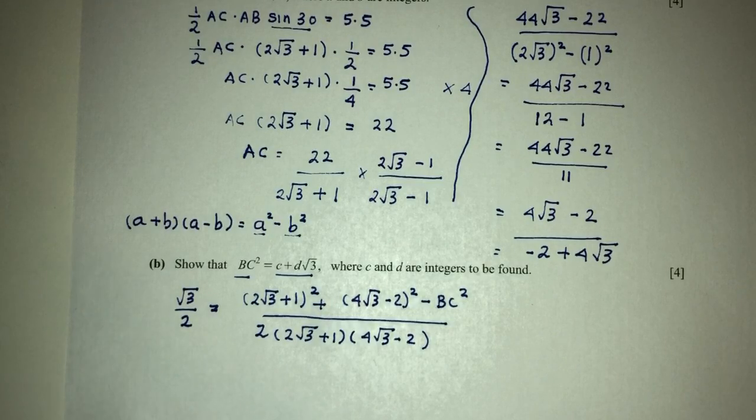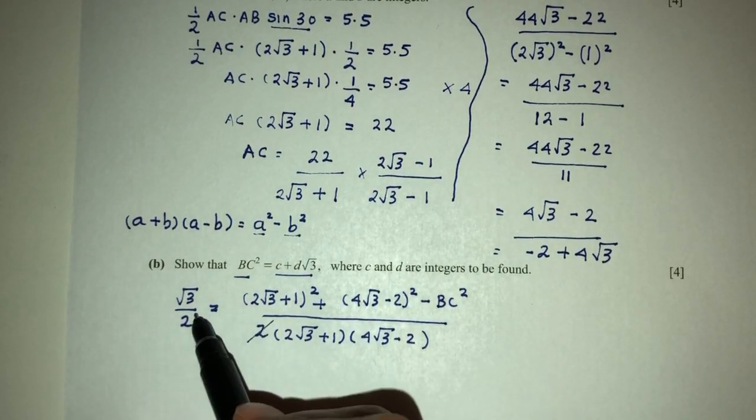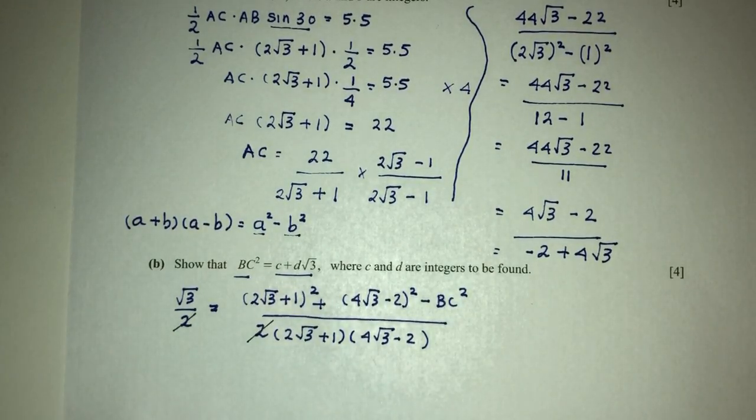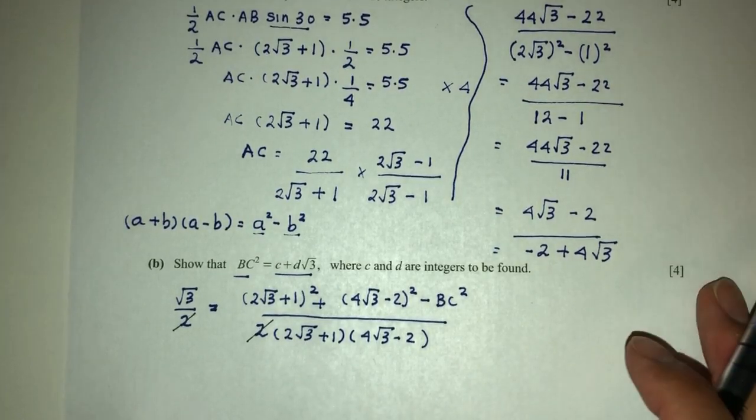Now simplify. 2 and 2 will go away, right? Now we have to simplify one by one.